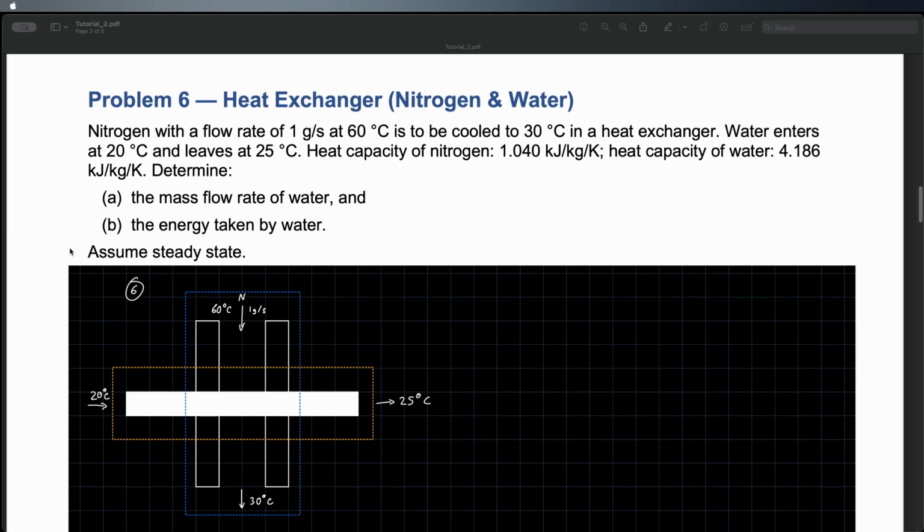We are given the heat capacity of nitrogen, let's call this CPN, 1.040 kilojoules per kilogram Kelvin, and we are also given the specific heat capacity of water.